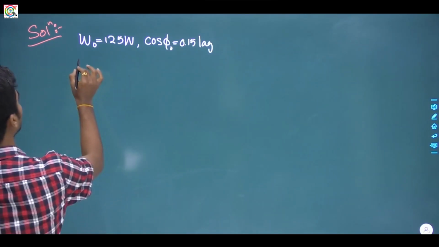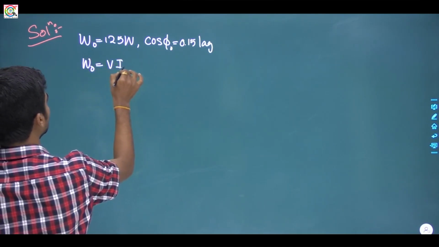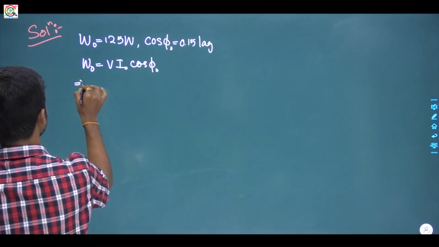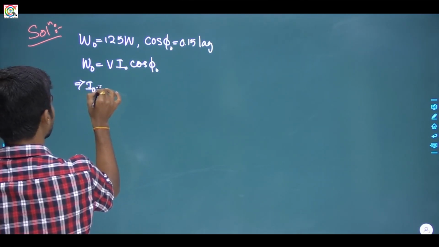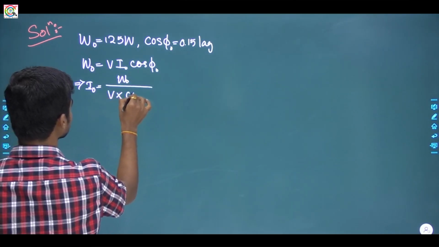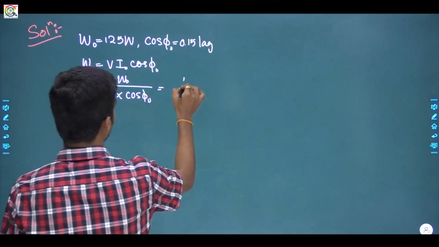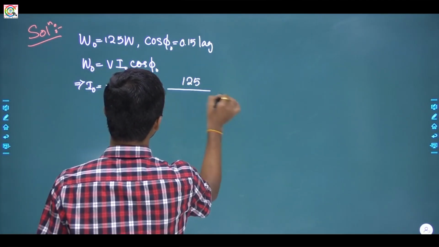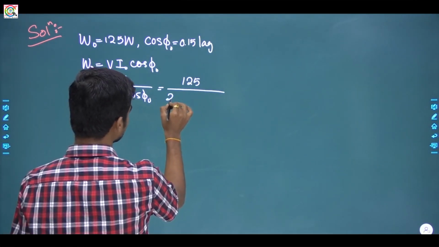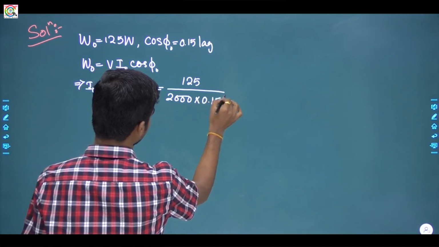You know power is given by V I0 cos phi0. So what will the no load current be? I0 = W0 / (V cos phi0). What is the value of W0? 125 watt divided by V, which is 2000, into power factor 0.15.